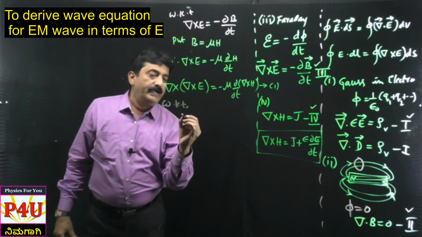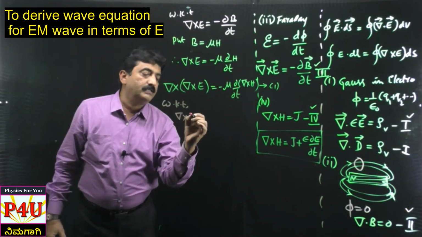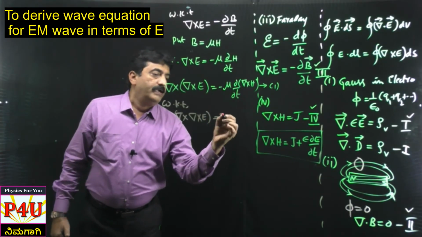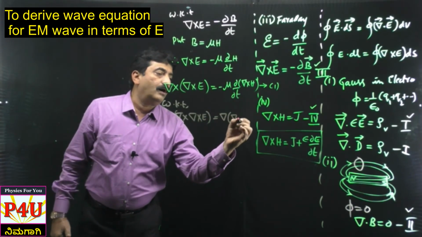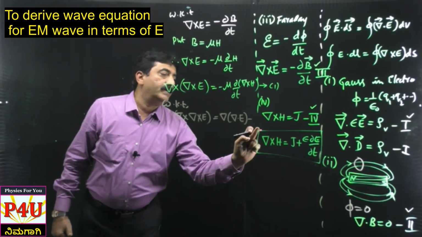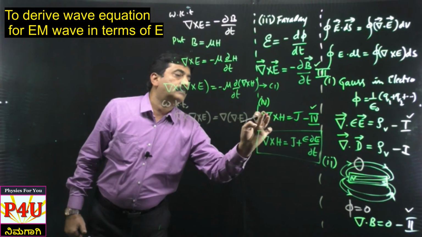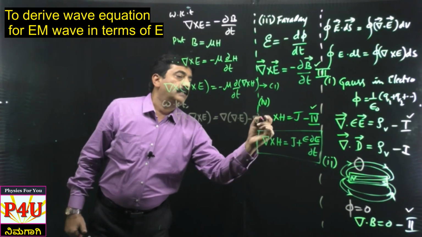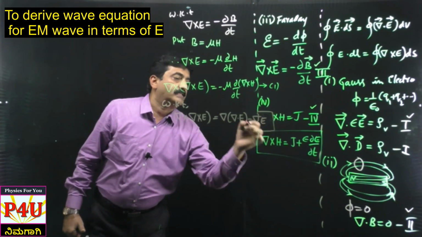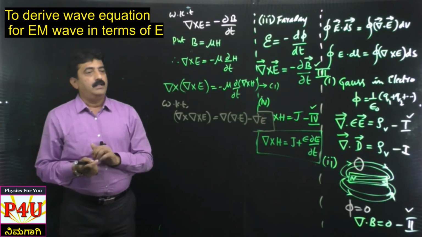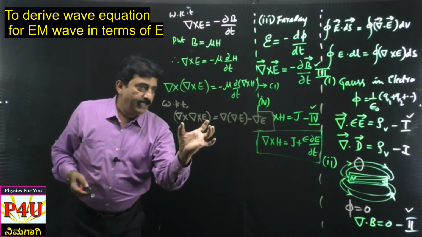So we know that del cross del cross E is equal to del of del dot E minus del square E, like this. This is one equation which you are supposed to remember. Well, now I make use of this.